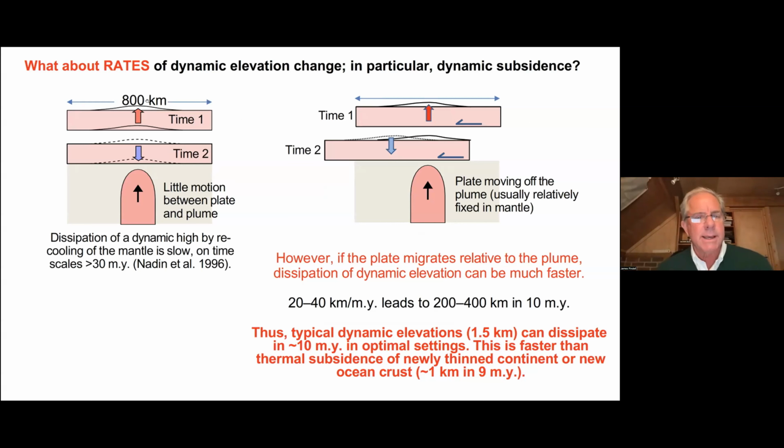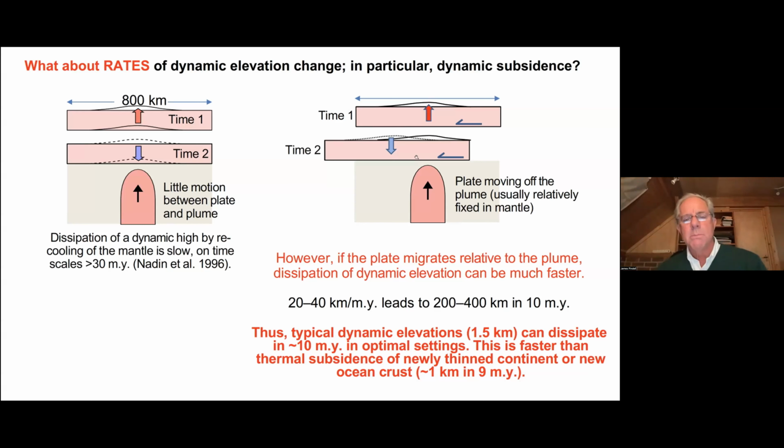On the other hand, if the plate is moving over the plume, we can take an area that has been uplifted by dynamic topography, and we can move it off the plume quite rapidly, and we can have a 200, 400, 600 kilometer separation between the area of subsidence and the plume. And so we would have a dynamic subsidence taking place here, well removed from the original position of the plume.